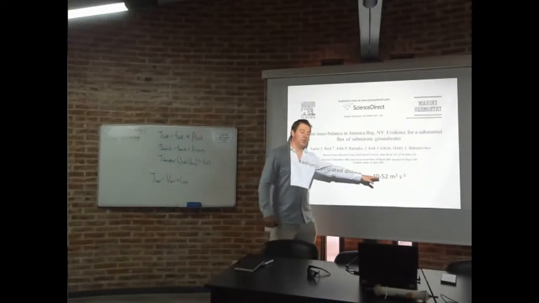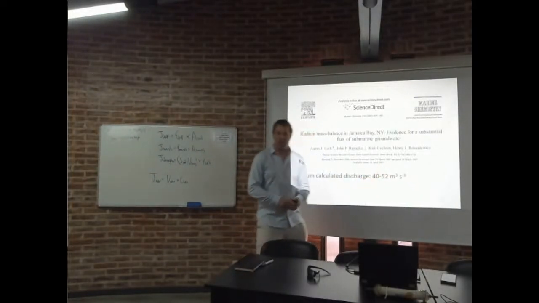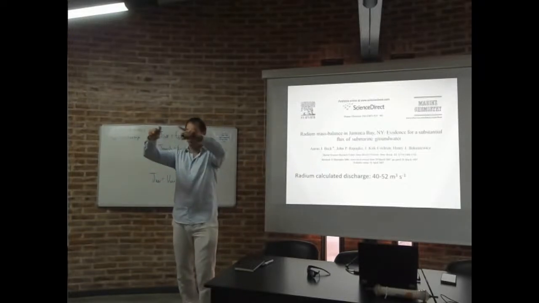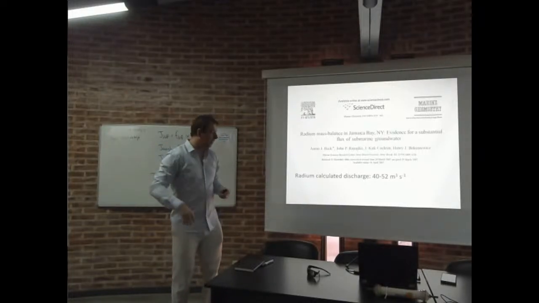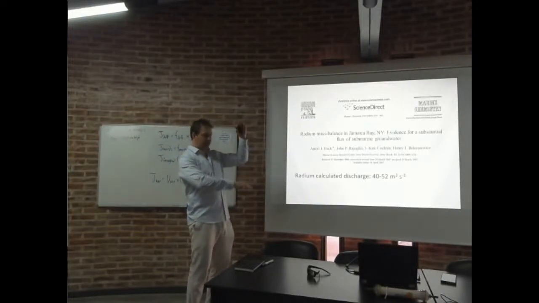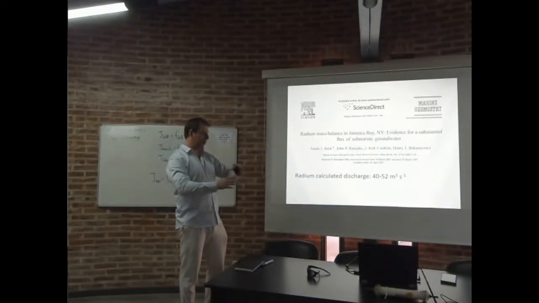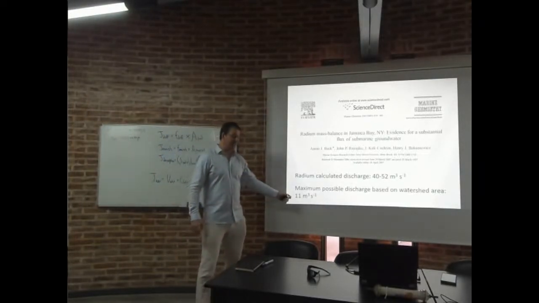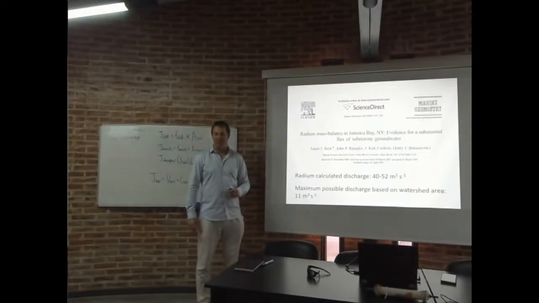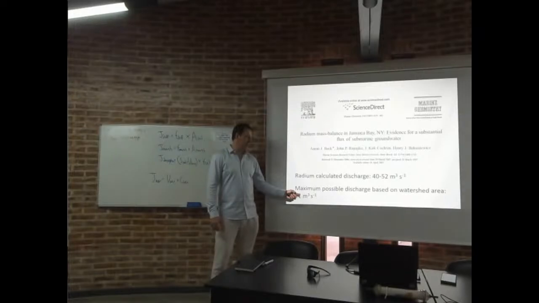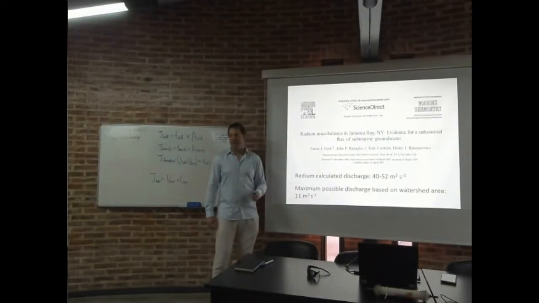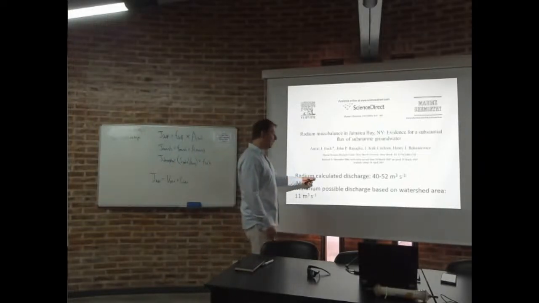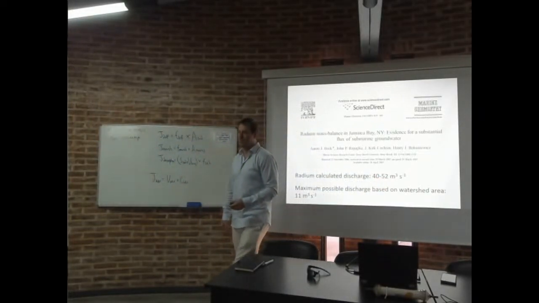And 40 to 52 cubic meters per second is a good amount of water, especially if you think about the watershed and you take the complete recharge possible from the watershed, the amount of fresh water, unless somehow the groundwater level is really changing over time, the max you can get is 11 cubic meters per second. So this assumes that there is no fresh water entering this bay other than through groundwater. The max you can get is 11 cubic meters per second, and our radium calculated discharge was 4 to 5 times as much.